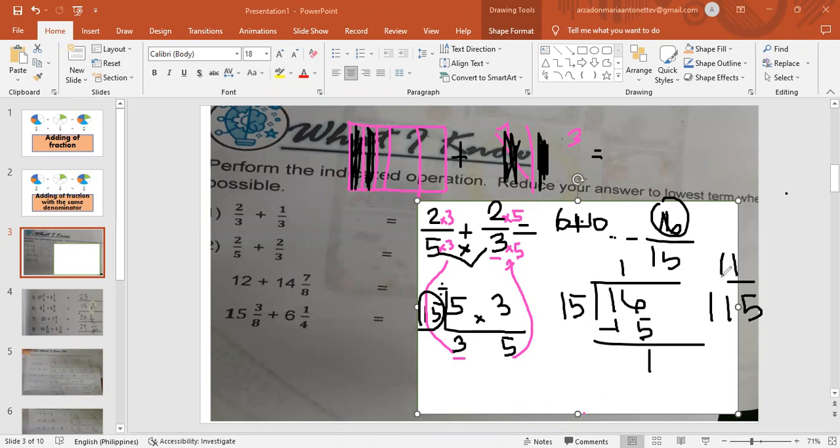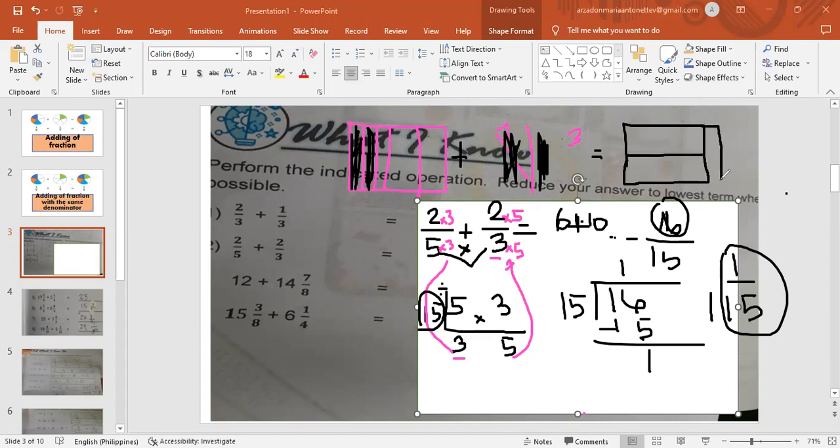Okay. That means that when you add these two, the rectangle is like this. You already have that one. And there are 15 parts.